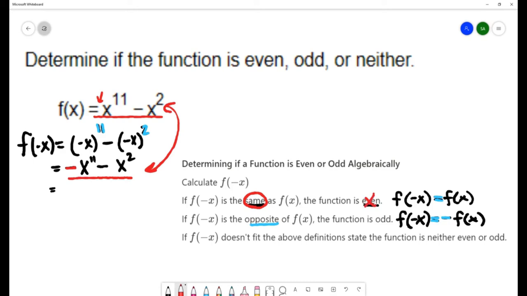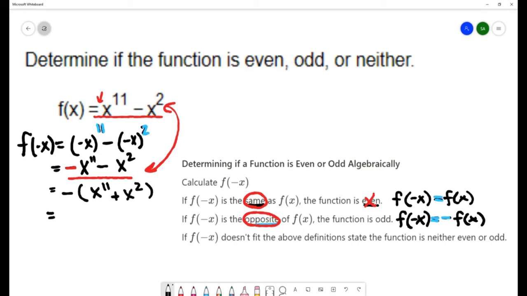And then I want to decide if they are opposites of each other. So if they're opposites of each other, I'm going to be able to factor out a negative from the function. If I factor out a negative from the function, I get negative times x to the 11th plus x squared.